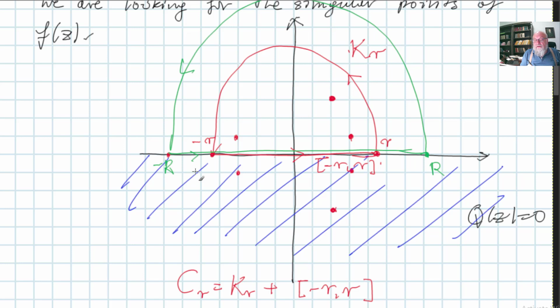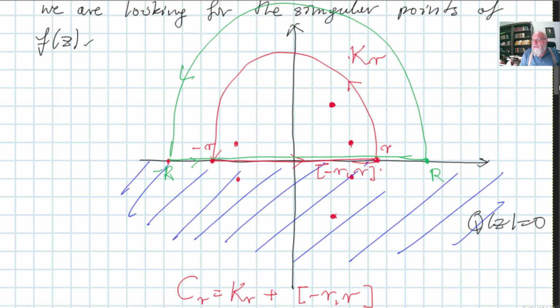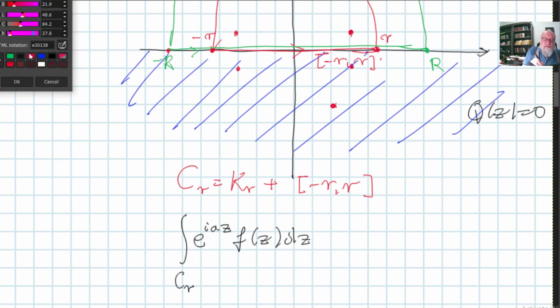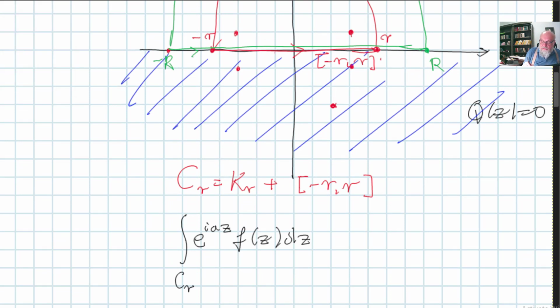So the value of this integral doesn't depend on the choice of R, as long as it is sufficiently large. I can now write it down by the residue theorem.